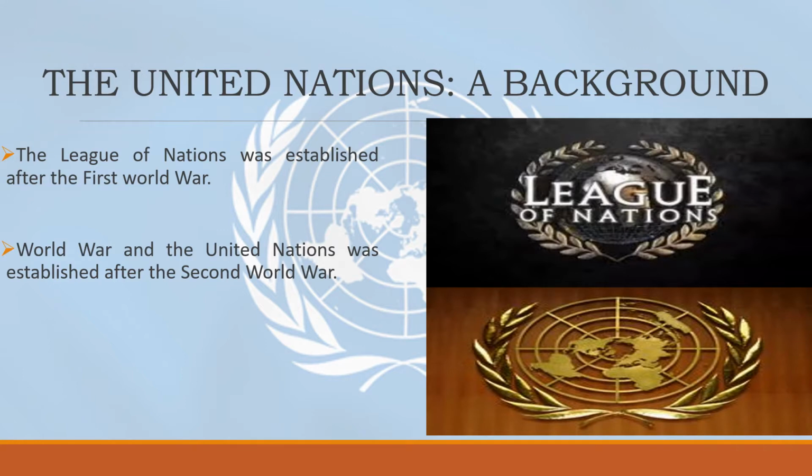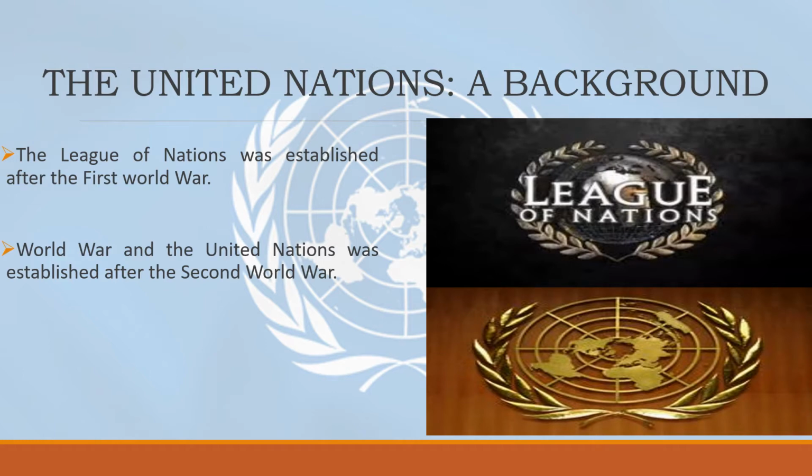As a result, after the First World War, a new organization came into existence, which was called the League of Nations. But this organization did not succeed at preventing war. Autocratic regimes came up in Germany, Italy, France, and other countries. All these developments culminated in the Second World War.